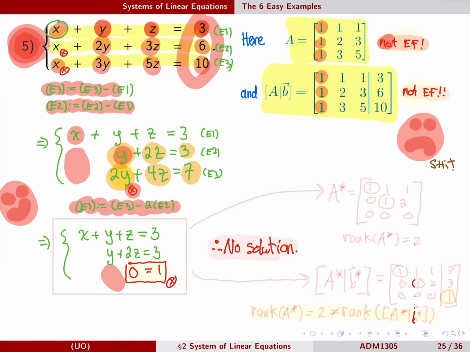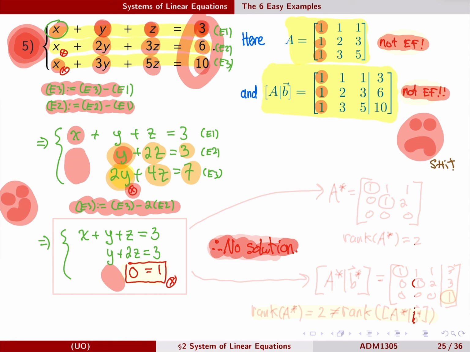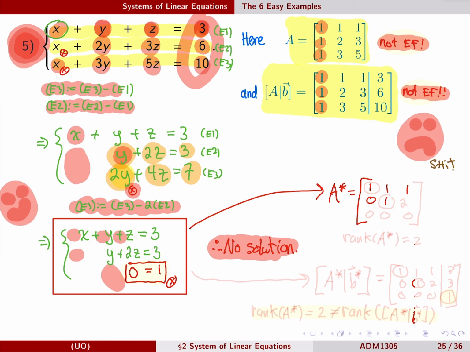One reason why we had to work is because our matrices were not in echelon form. But now we got this conclusion, no solution. So if you look at this brand new system, and you extract from that system the new coefficient matrix, let's call it A star, the new coefficient matrix would be 1, 1, 1, 0, 1, 2, 0, 0, 0.